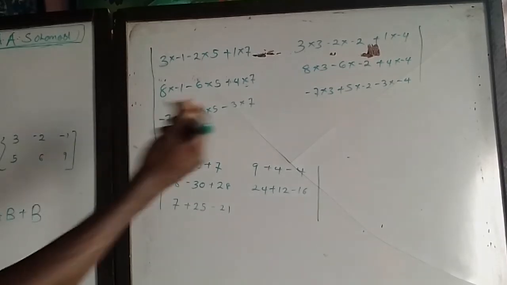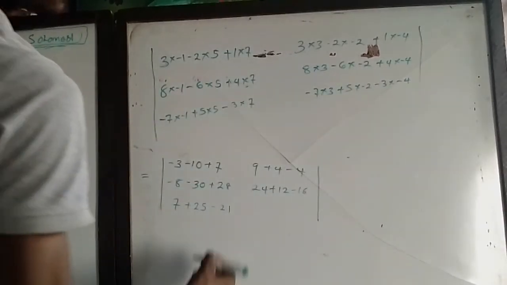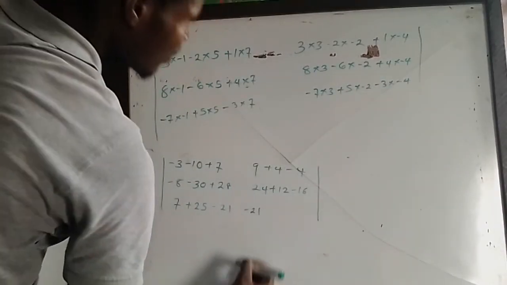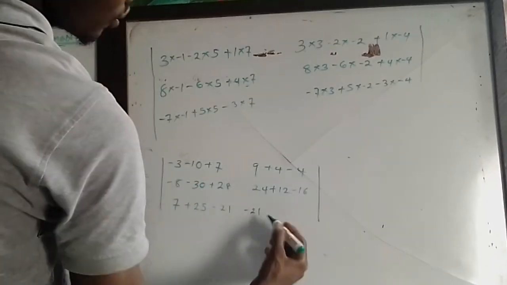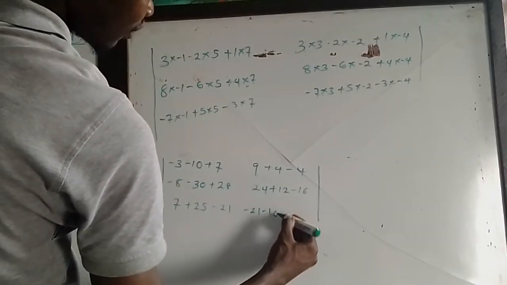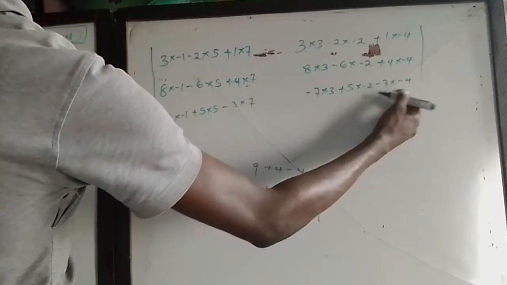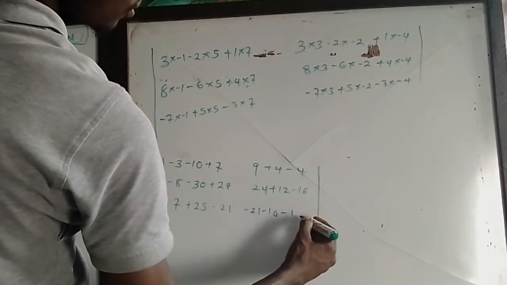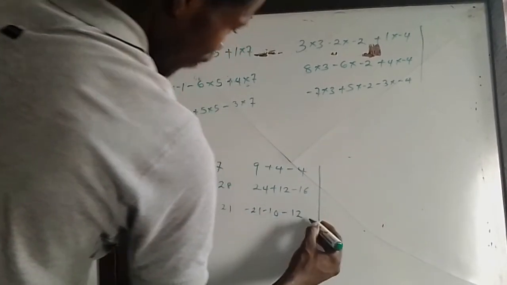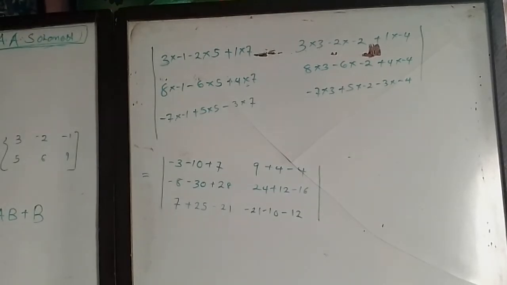We now have minus 7 times 3 will give us minus 21. 5 times minus 2 will give us minus 10. Minus 3 times minus 4 will give us plus 12. So do we understand? So let's move on.